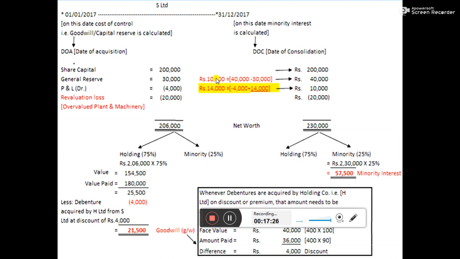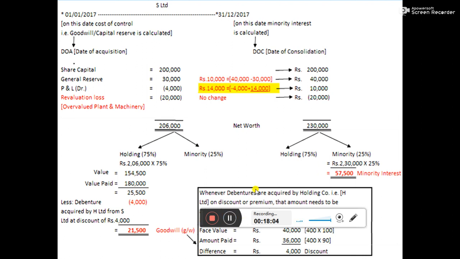This will be distributed while preparing the consolidated balance sheet working notes. 75% will be given out of this 14,000, and revaluation loss has no change, so nothing will be distributed. So this 14,000 profit and 10,000 general reserve increase are called pre-acquisition profit, and that needs to be distributed in the ratio 75% and 25%.